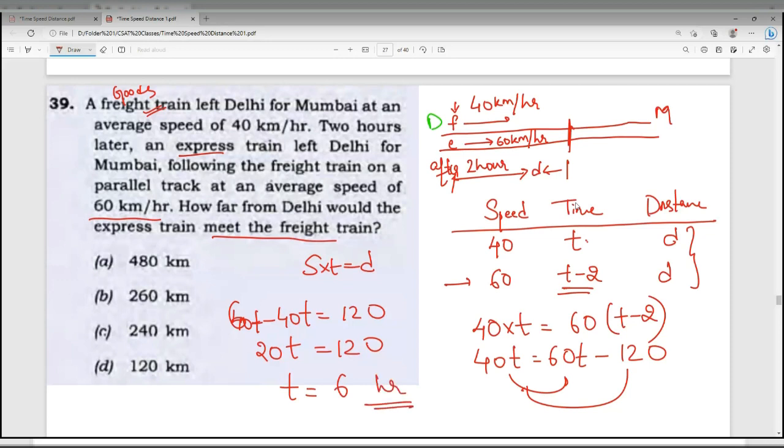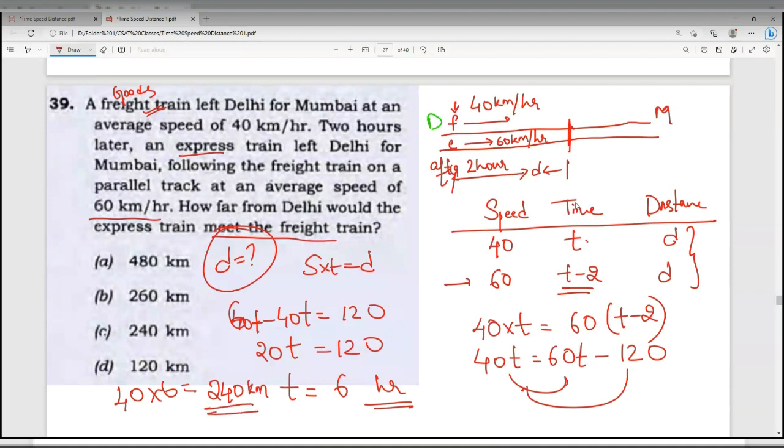Now they are asking how far from Delhi the express train would meet the freight train. So we need to calculate d here, and that d is nothing but 40 into t. With t being 6 hours, that is 240 kilometers.